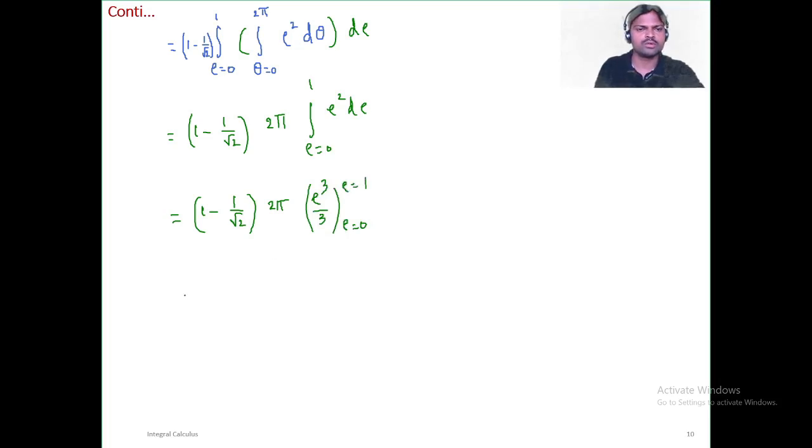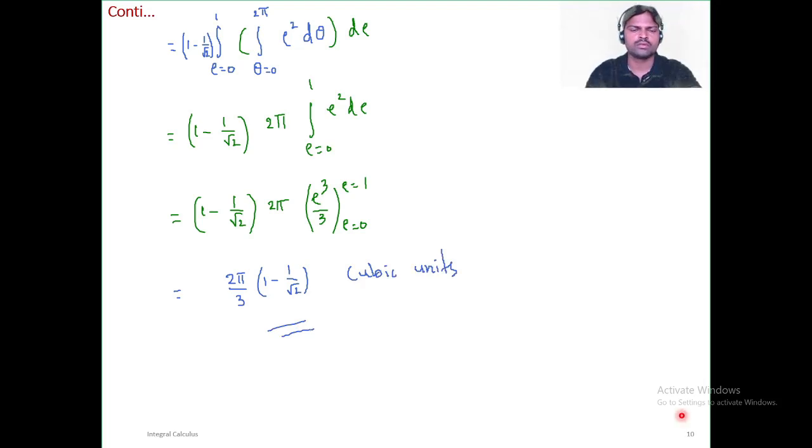So now this will be 1 by 3, so 2 pi by 3 into 1 minus 1 by root 2 cubic units. So this is the volume of that required solid.